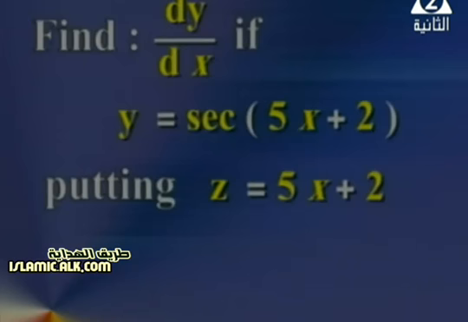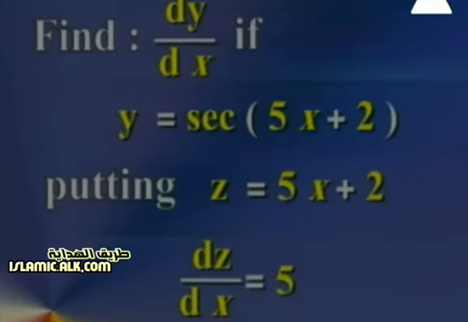After that, we find dz over dx. dz over dx equals what? It is 5. Why? Because the derivative of 5x is 5. What is the derivative of the 2? 0. Why? It is a constant. Remember, the derivative of a constant is 0, but the derivative of 5x is 5.